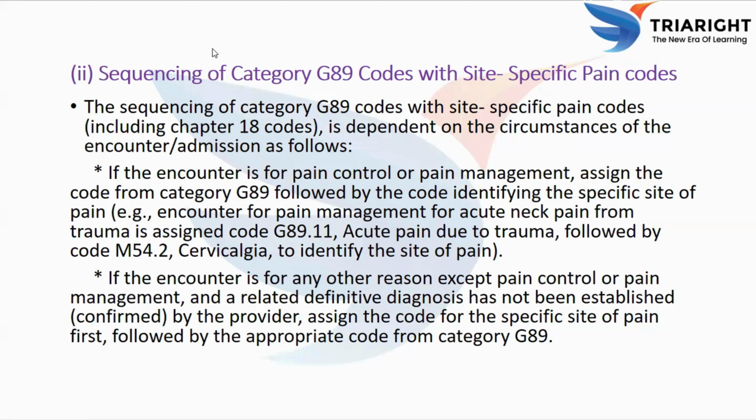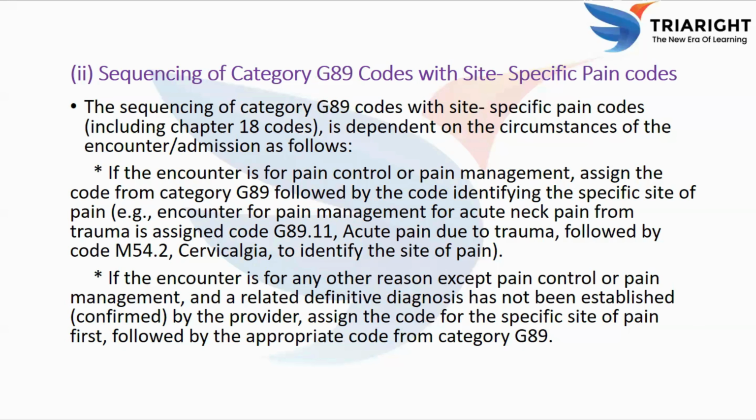So rule 1: if the patient comes for pain control or pain management, you have to assign the G89 first. If the main reason for the visit is to treat the pain but not the underlying disease, you code G89, the type of pain, first, and second the site-specific pain code, where the pain is.